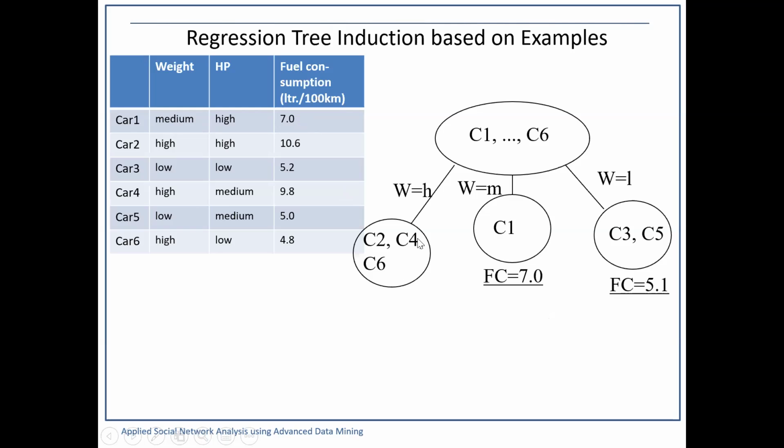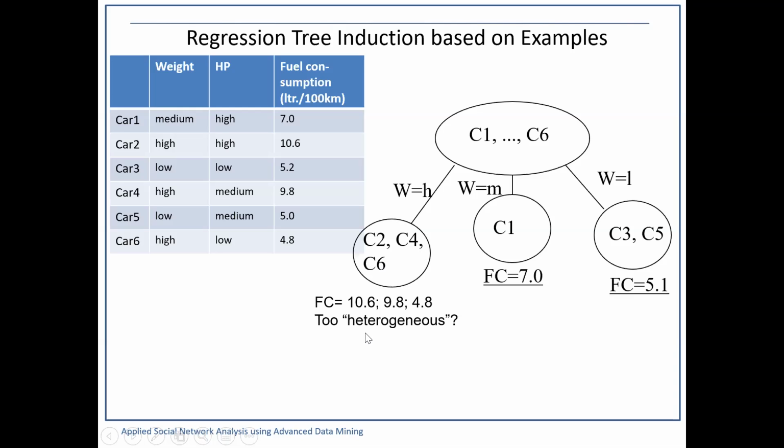Whereas those 3 cars have high variance: C2, 10.6, C4, 9.8, car number 6, 4.8. So we observe a high variance. The question is, is it acceptable or not? And that's exactly the part of the algorithm I would like to skip.